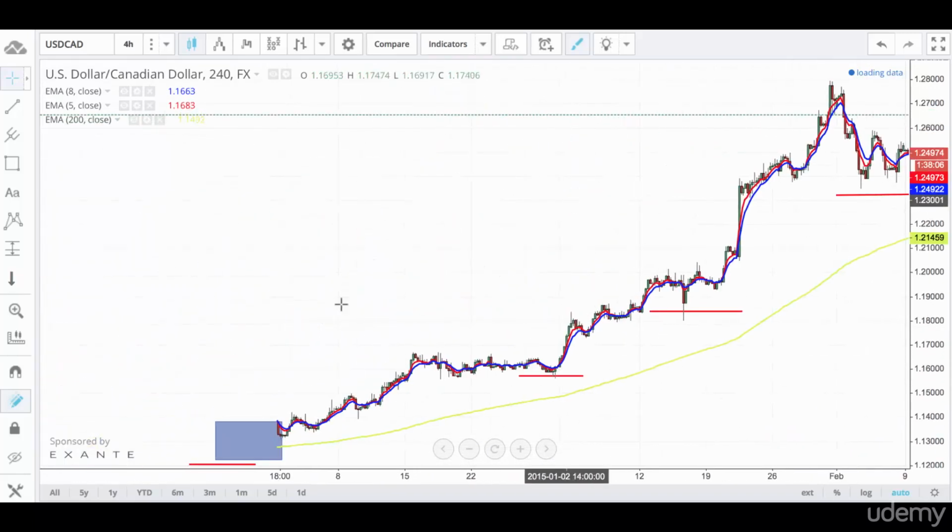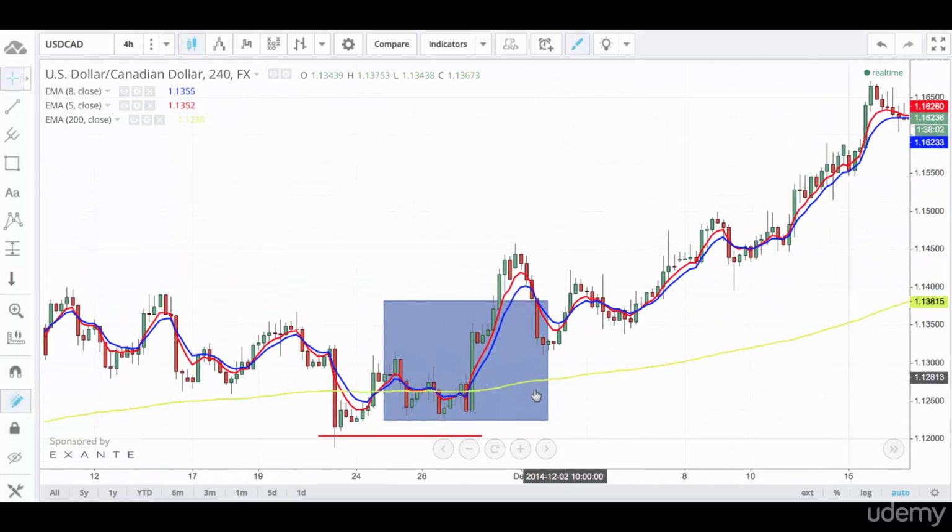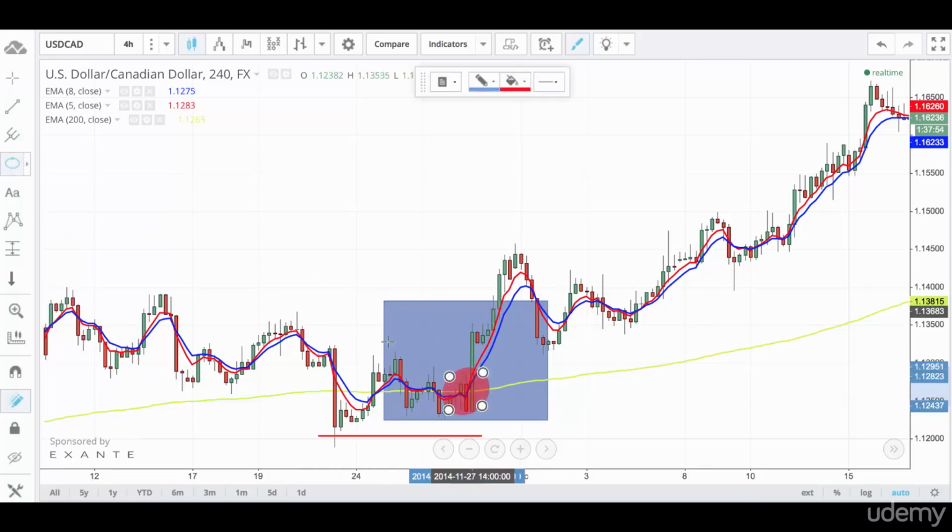Once I'm on the 4-hour time frame, we have a retracement here and a bullish crossover, and this is happening at the same time as the bullish crossover on the daily time frame.